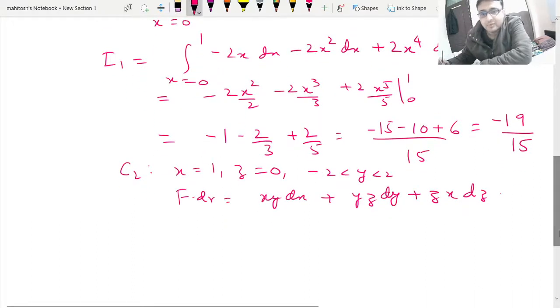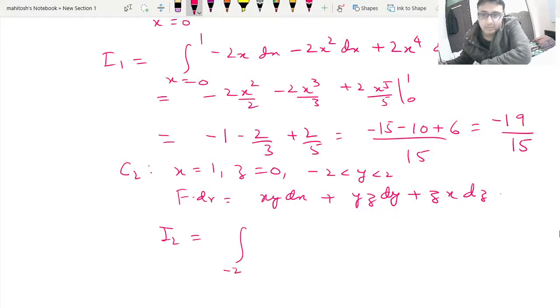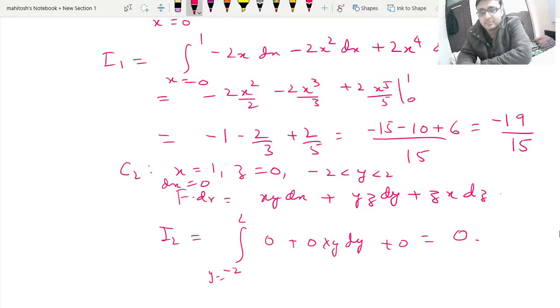For this part, if I call this I2, I'll write this as the integral from minus 2 to 2 of y times dx. Since x is 1, dx is 0, so this is 0. And z is 0, right? So z into y dy, and since z is 0, this part is also 0. So I2 is 0.